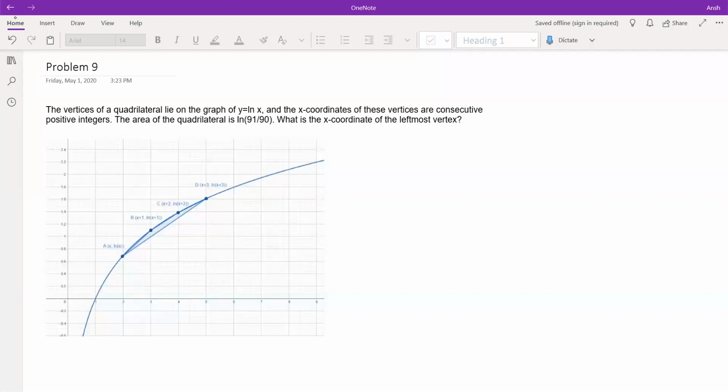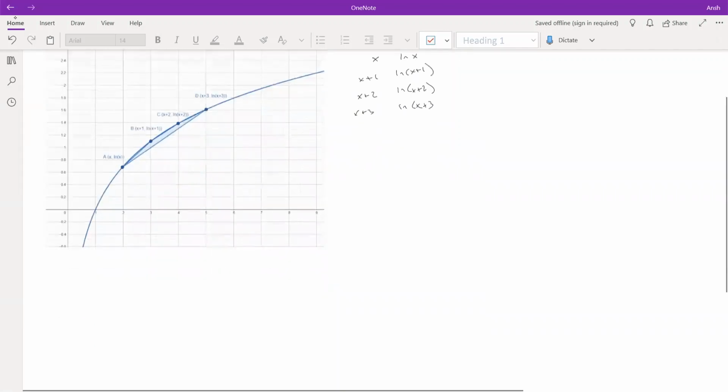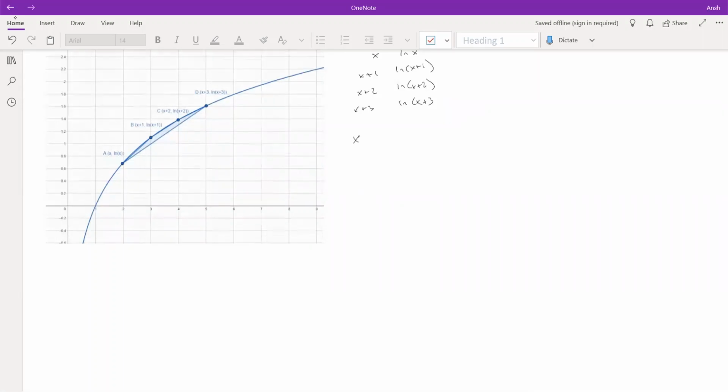So since this is a really weird shape, our first instinct, since this is on a coordinate plane, should be shoelace. And that is like already figuring out half of the problem. If we do our shoelace multiplication, we have the first pairing, x and ln(x+1). Then x+1 times ln(x+2). Then x+2 times ln(x+3). Then x+3 times ln x.